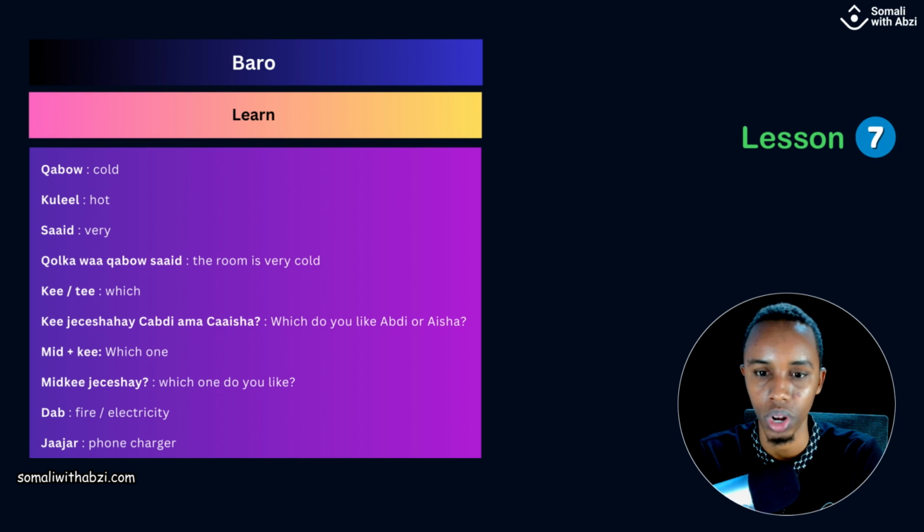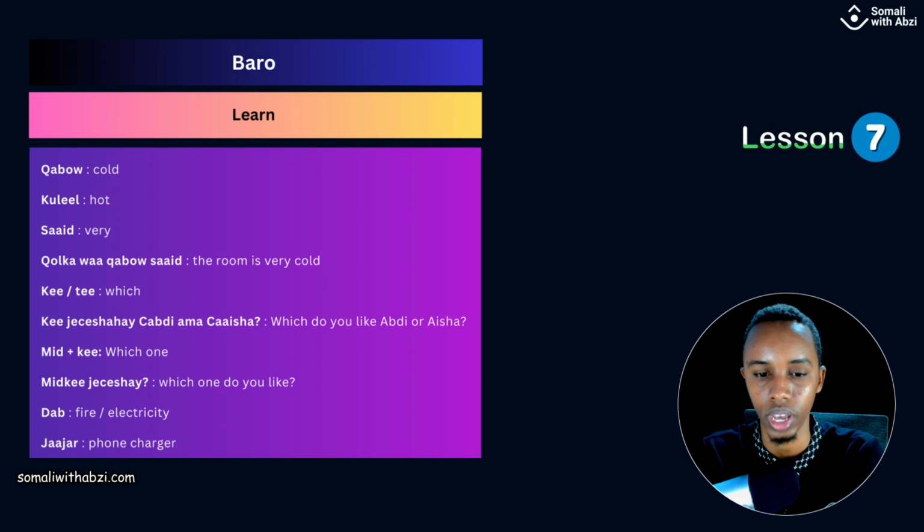So that's why now we're using mid care. Mid plus care, care is which, mid is one. Mid care, which one? You don't need to say feminine or masculine. It's both. Which one? Mid care.